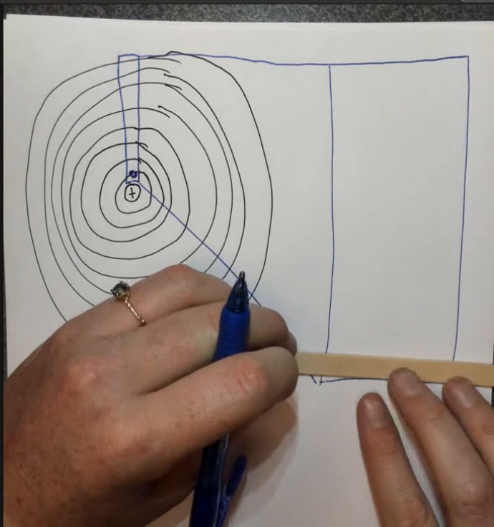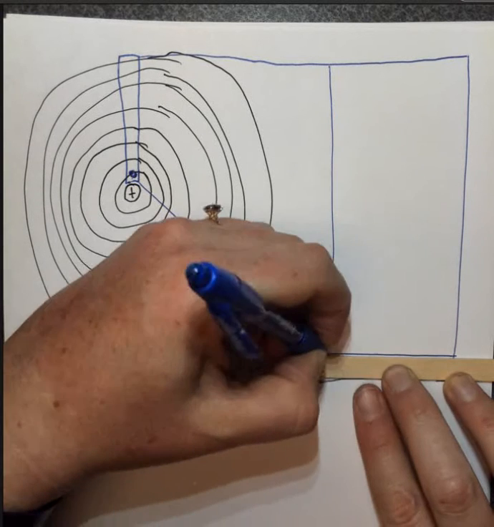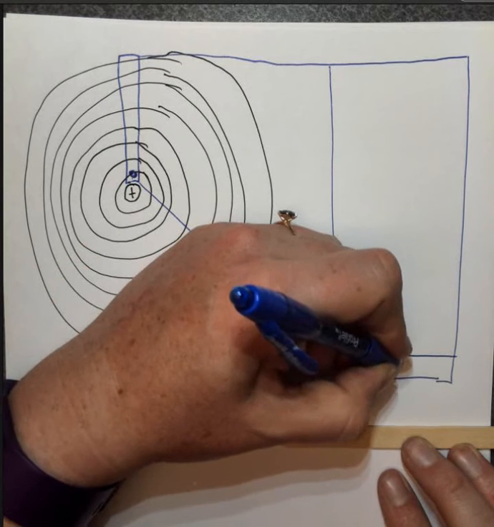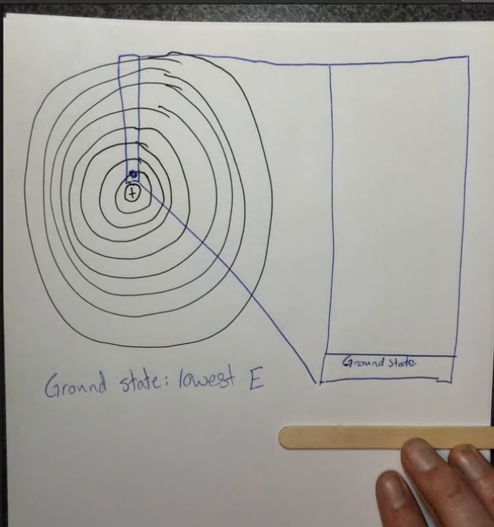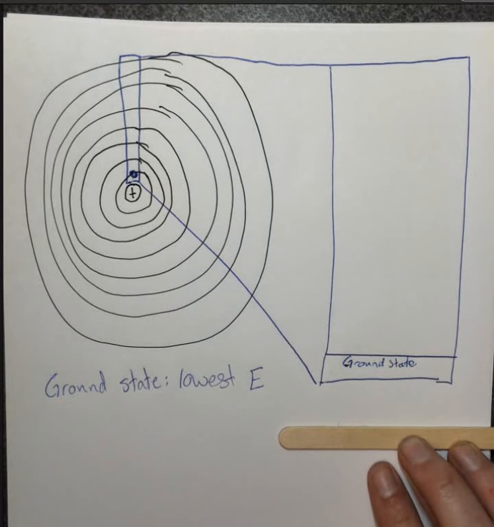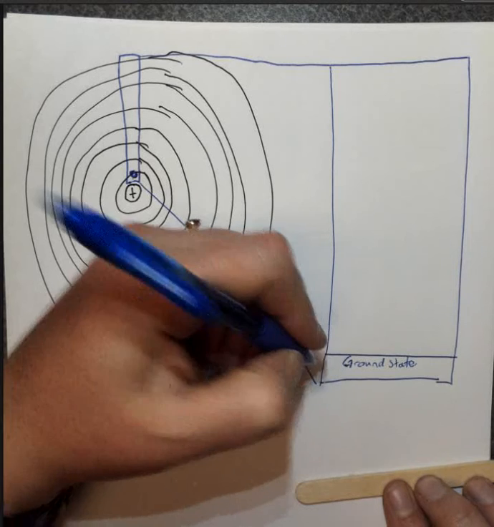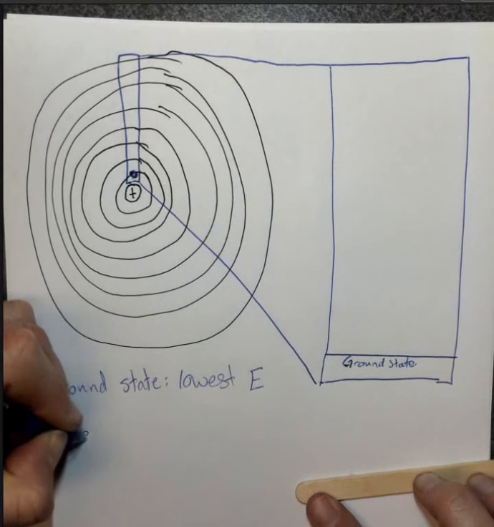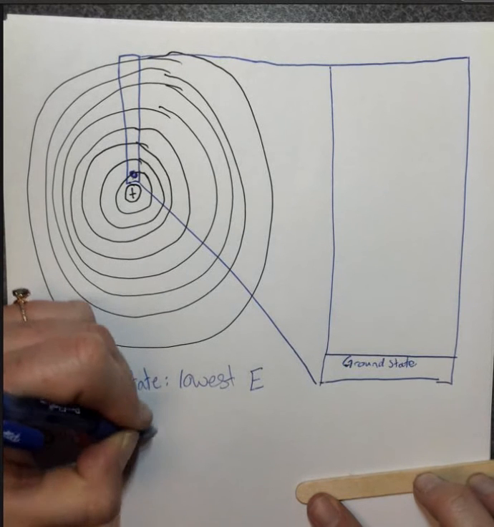Alright, so the bottom one, we called that one ground state. It's on the ground and it's happy there. And then, going up, we can also call that an energy level, which is the same thing.